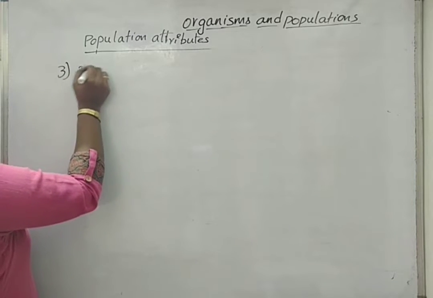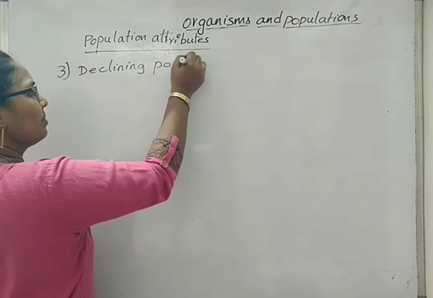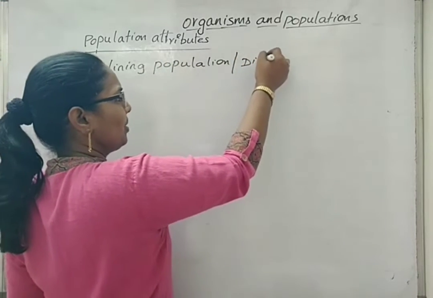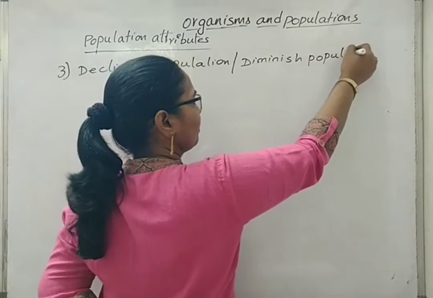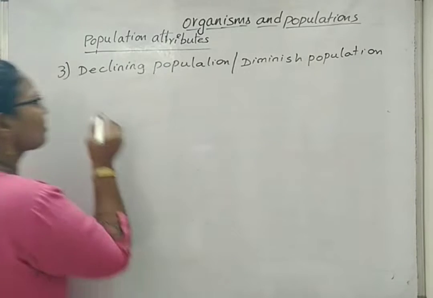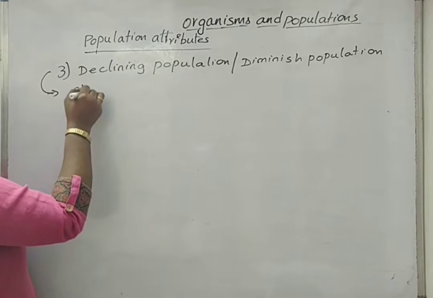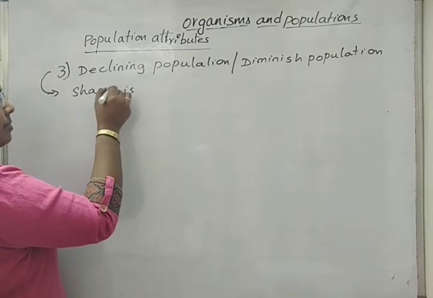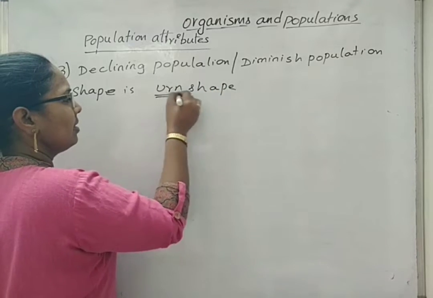Third one is declining population or diminished population. Shape of this population is urn shaped. This is flower pot like.